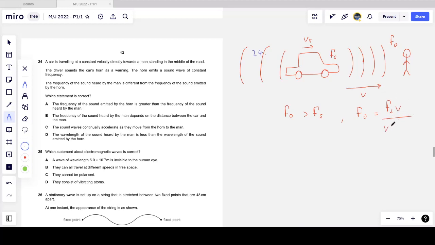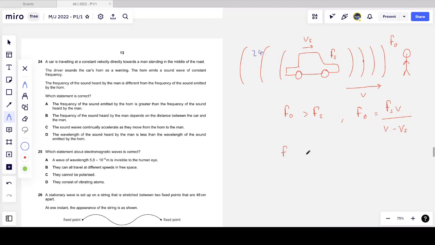Now it's going to be plus or minus, but we use a minus to ensure that the denominator is very small. The denominator is small, the fraction is large, which means that Fo is indeed greater than Fs, which is what we want. We want the observed frequency to be higher, and that's why we have a minus sign in the denominator.